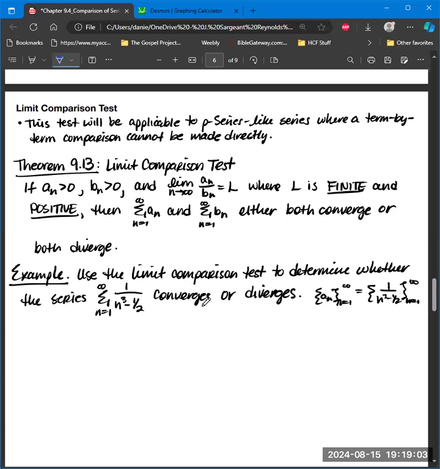You just need to pick one that you know its behavior. So you're going to choose a p-series or a geometric series most of the time.